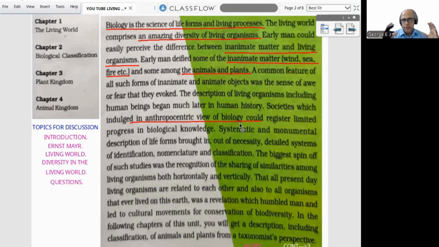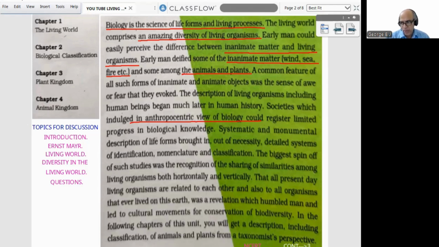That means the biological world, the living world, means not only human beings. Human beings are just one species, one genus with a single species, a monotypic species. Remaining millions of organisms will be there. That is why the study of human beings is called anthropology. I think the idea is clear.